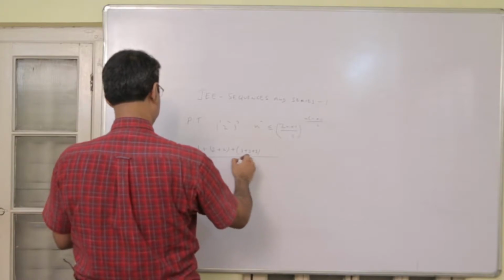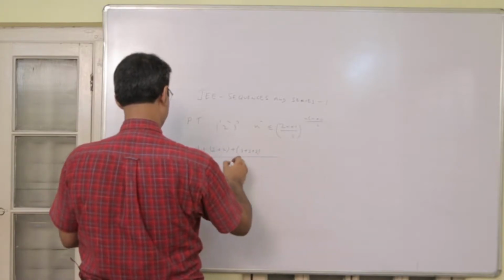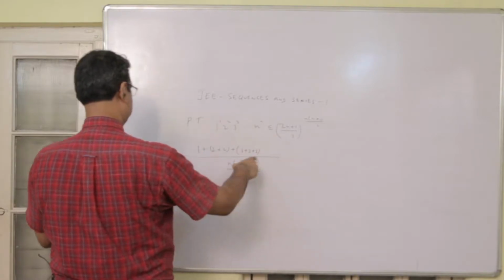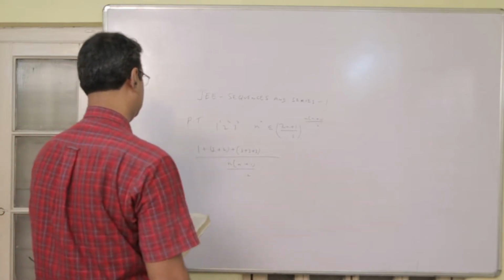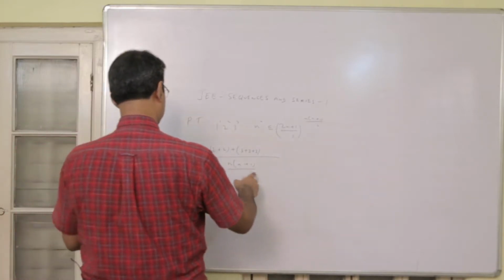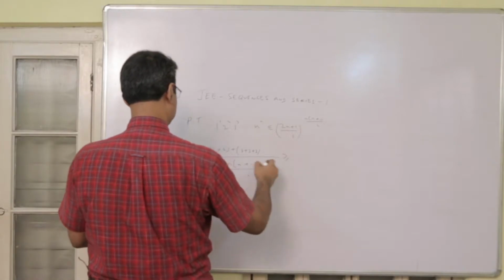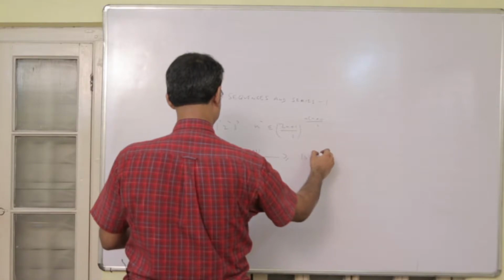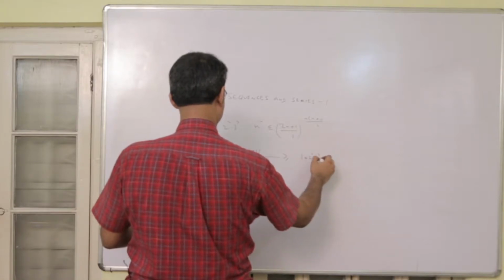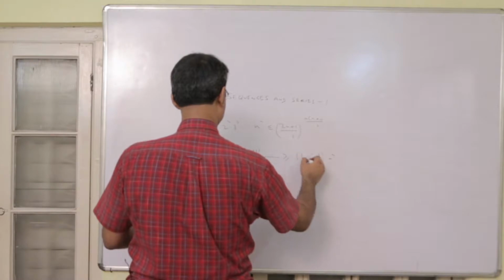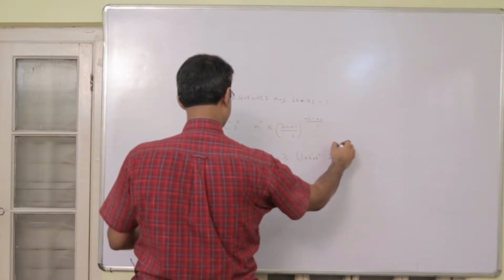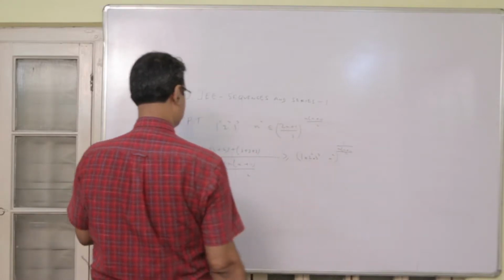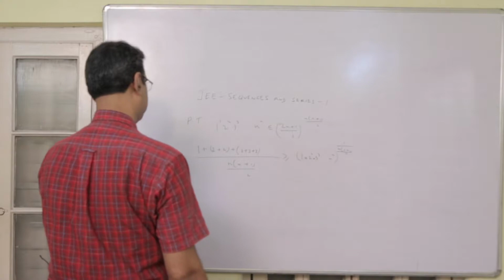So you can see that if this is up to n terms, then the total number of terms is n into (n plus 1) by 2. So this is the arithmetic mean. This is greater than or equal to the geometric mean.